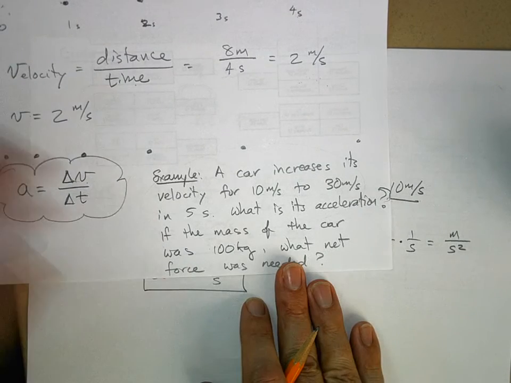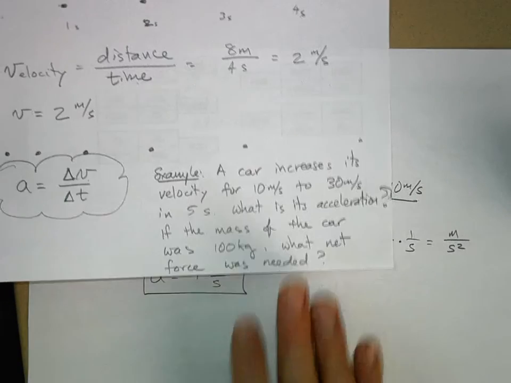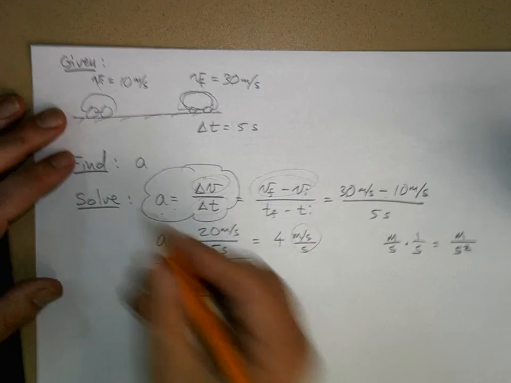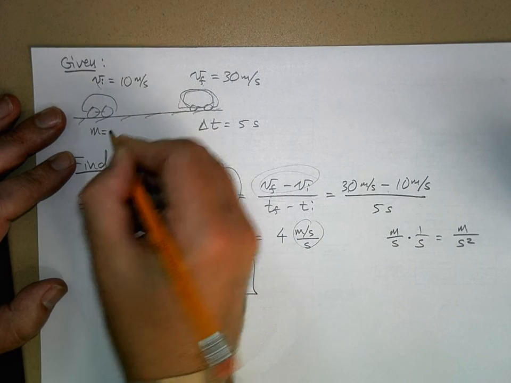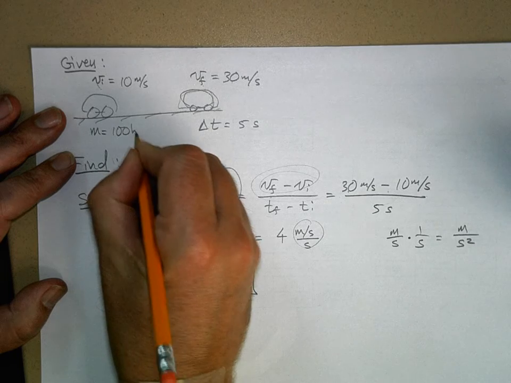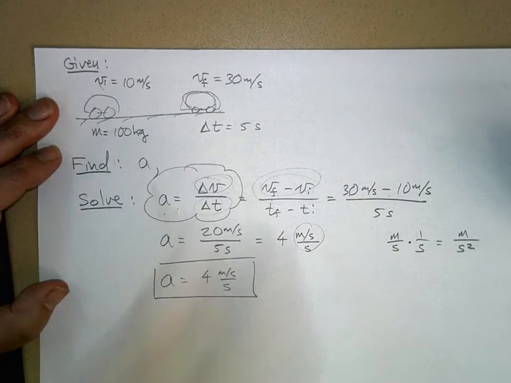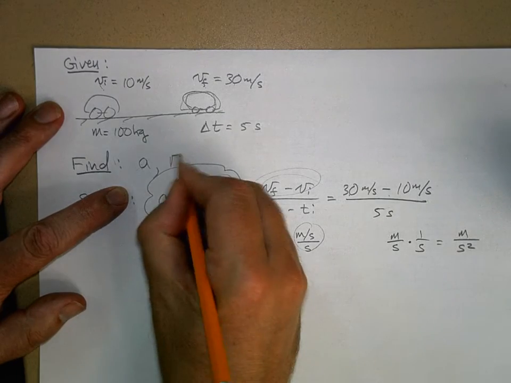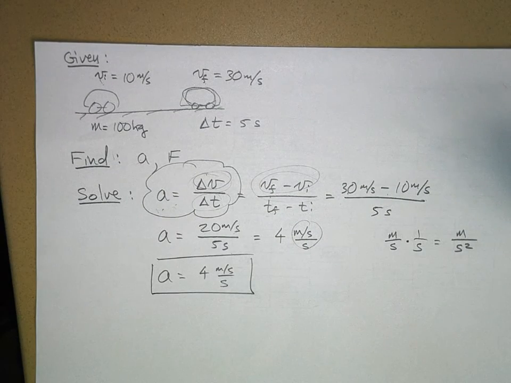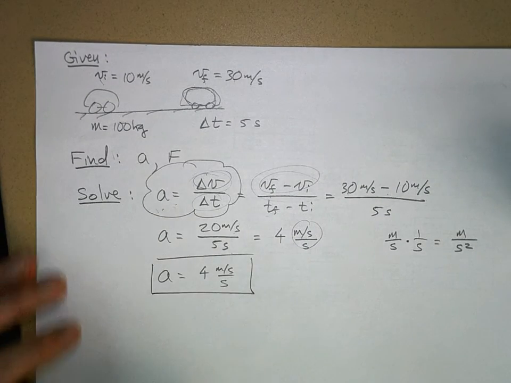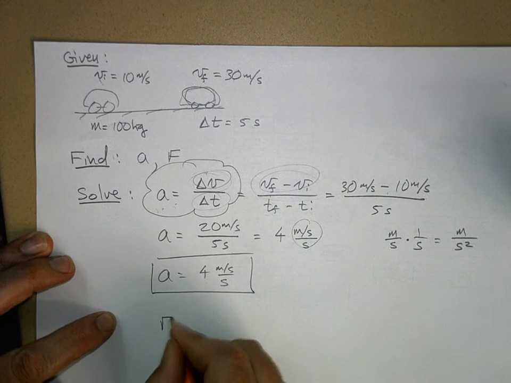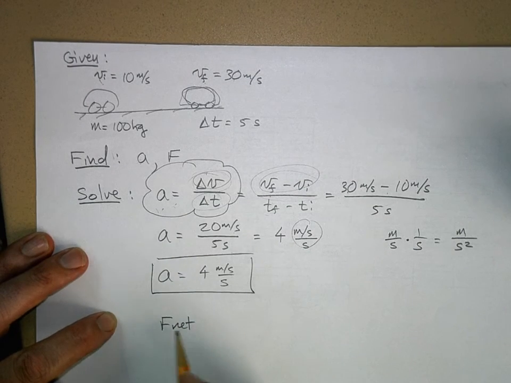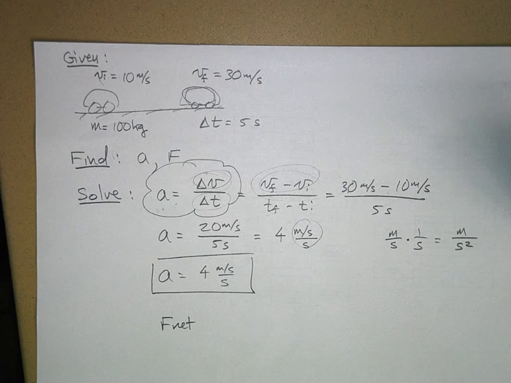Okay. So let's say I added that to the problem. Well, then what I'm going to do over here, under given, I'm going to put the mass was 100 kilograms. And then what else am I trying to find? I have to find the acceleration, but I'm also trying to find the net force, which I'll call F for right now. So the net force, the force that causes something to accelerate is often called the net force.